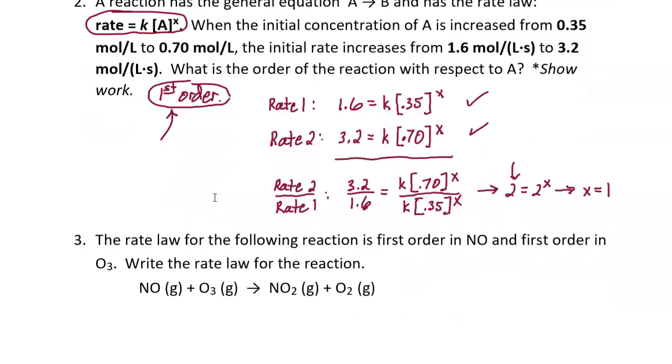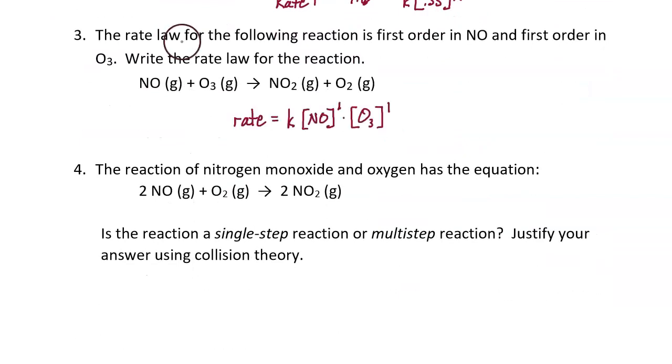Next, number 3. The rate law for the following reaction is first order in nitrogen monoxide and first order in O3, which is ozone. Write the rate law for the reaction. When it says to write a rate law, we know that we start by writing the word rate, then equals, then a K, and then we have some brackets where in the brackets are our reactants.